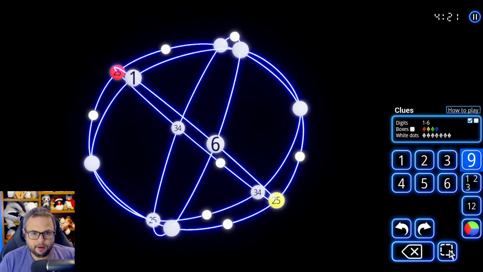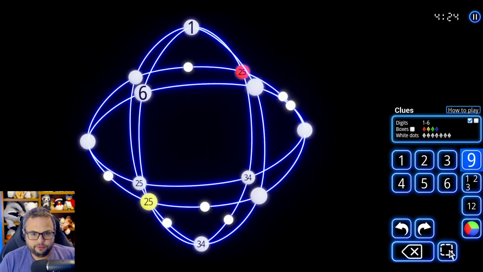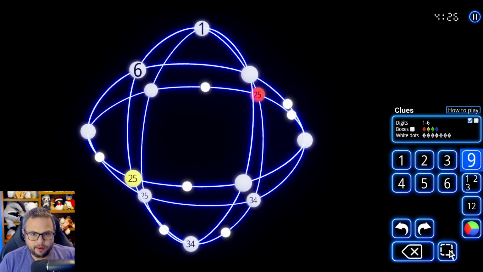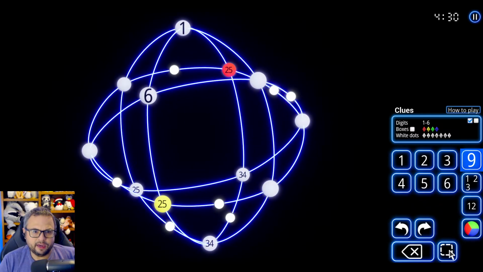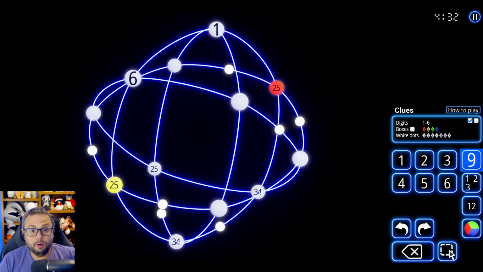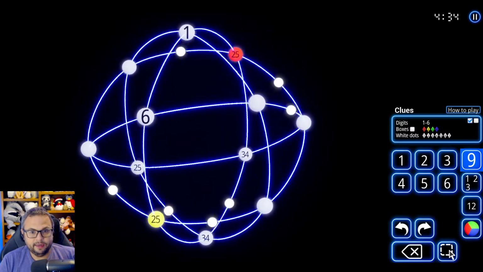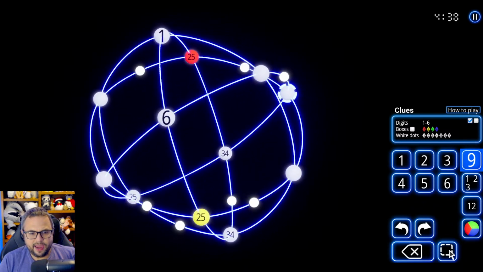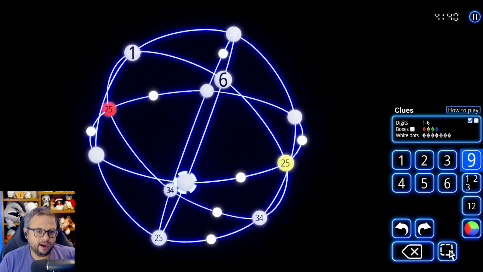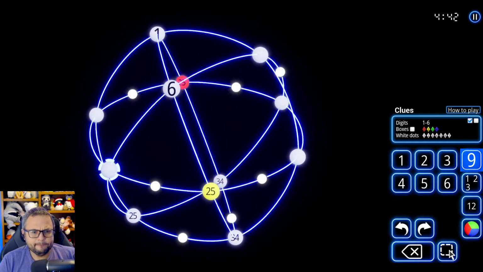Okay, so now this ring has a white dot on it. So the 1 on this ring only has a couple spots it can go. Oh, actually, sorry, the 1 on this ring, oh, it can't go there. Maybe it could go there. If it doesn't go there, it has to go there, but that doesn't have a 1 on it yet.